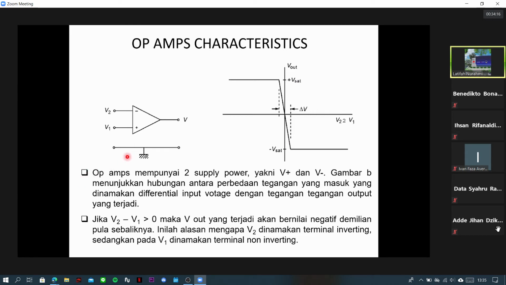So actually there should be positive and negative source power supply coming to the operational amplifier. And there will be a difference in voltage between the input voltage and the output voltage.